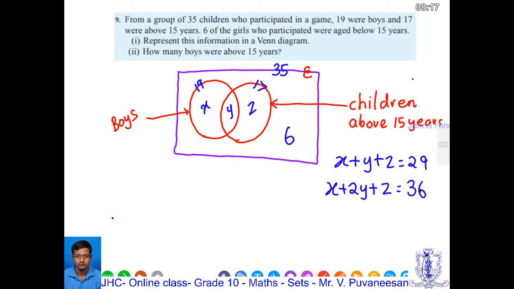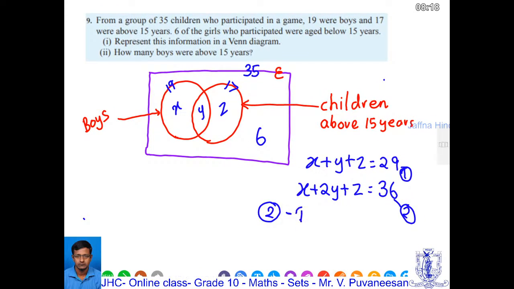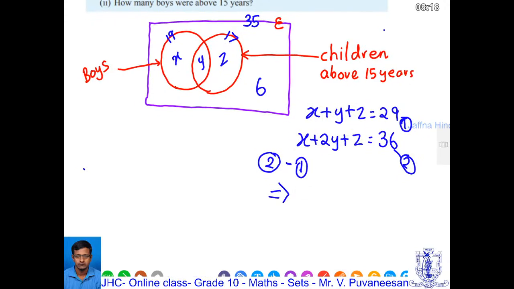Okay, name the first equation and the second equation. Subtract the first equation from the second: x cancelled, z cancelled, so 2y minus y equals 36 minus 29, 7. y equals 7.